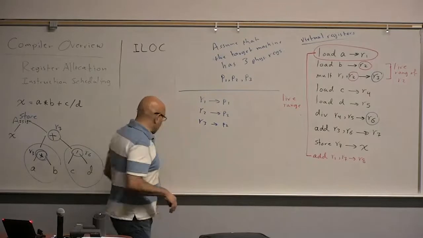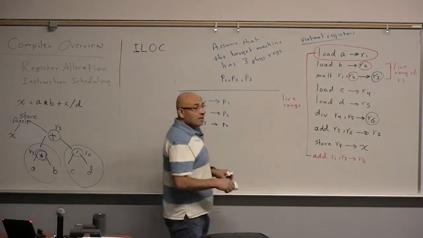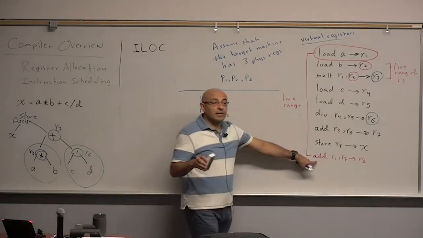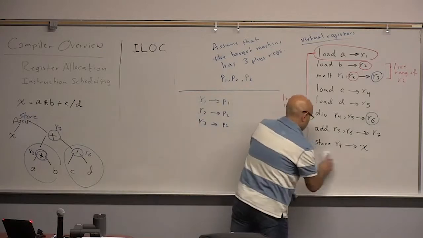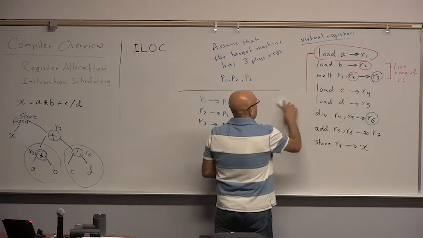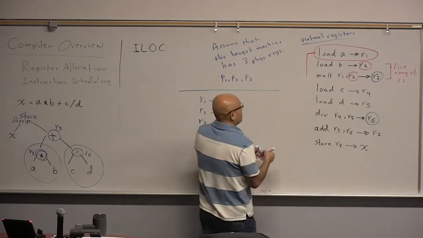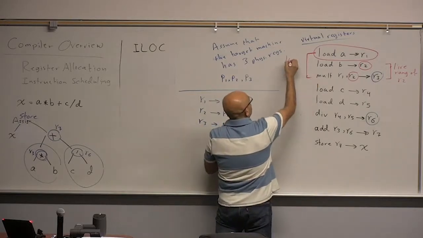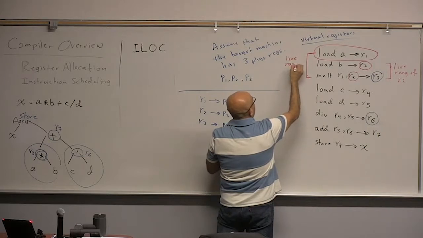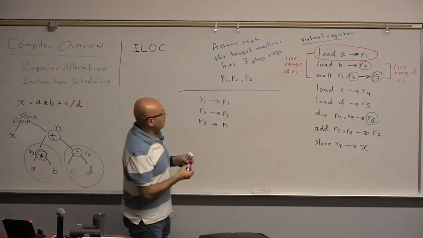But let's now get back to this example. Let's now get rid of this red instruction. Now, if we get rid of this instruction, then the live range of R1 now becomes this.